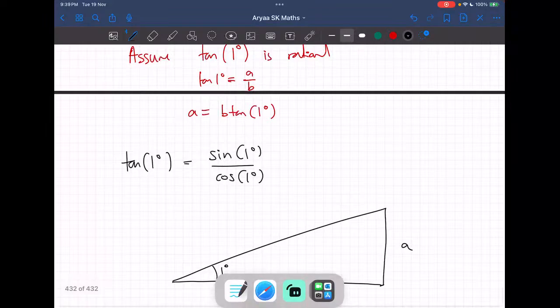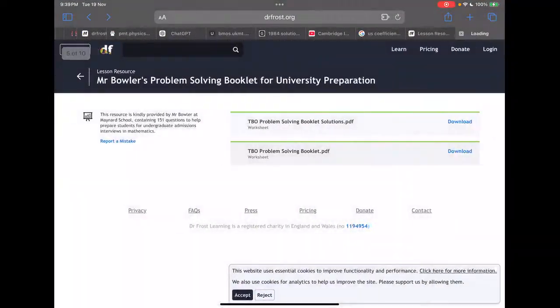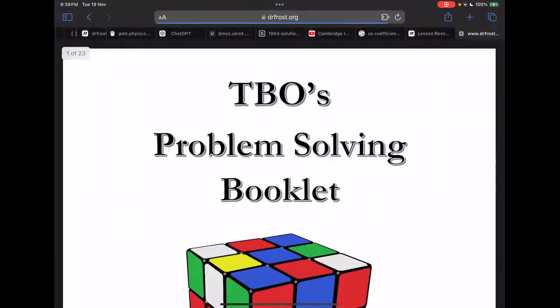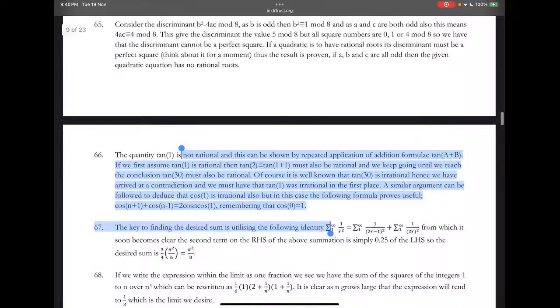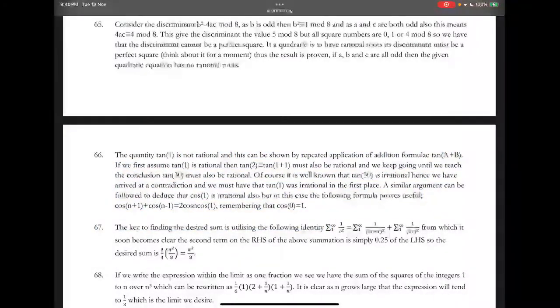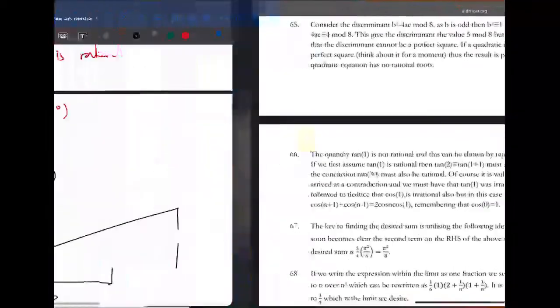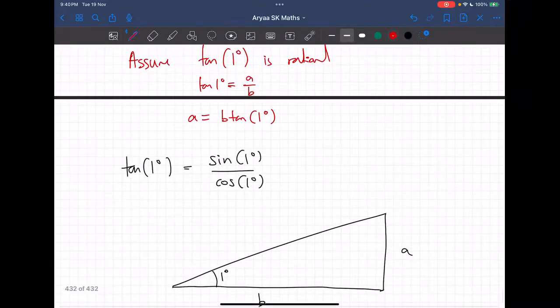Okay, let's have a look at what the answer says. Okay, the quantity tan of 1 is not rational. We should have used the compound angle formulas.